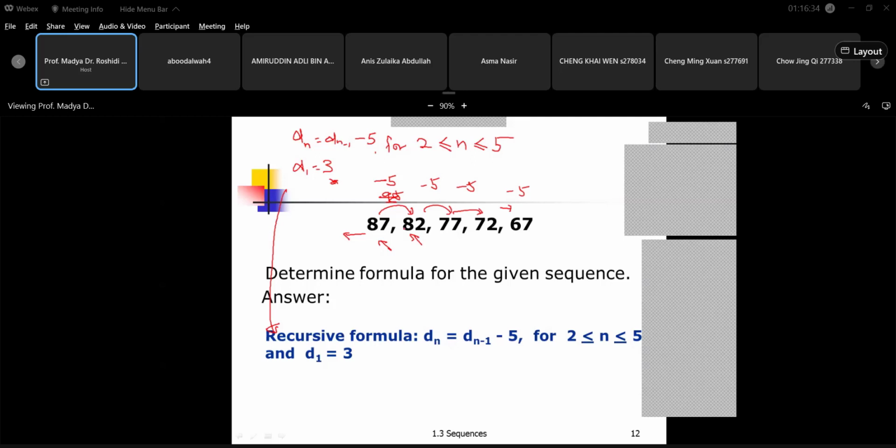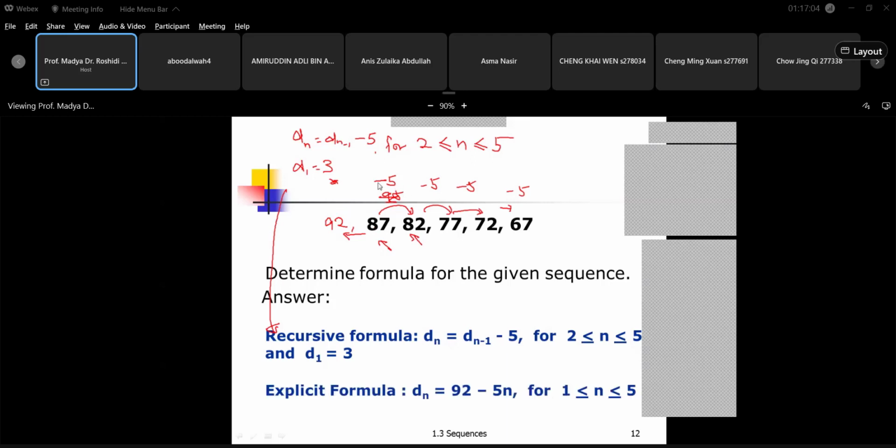The previous location we can predict actually, once we look here, 87 plus 5 will be 92. So based on the previous term here, in order to get the explicit formula, we look at this.